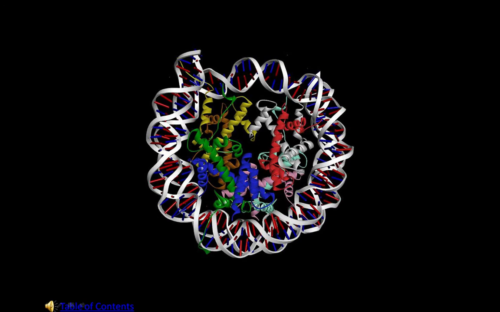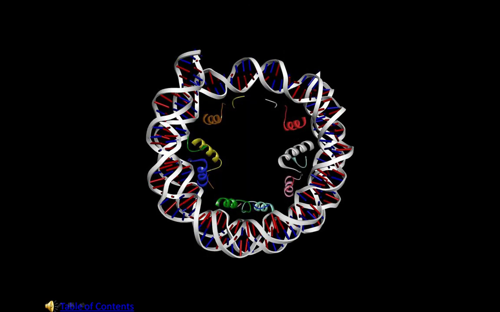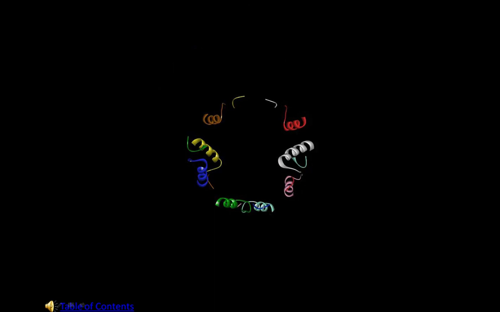The time has come to look at the atomic details of superhelical ramp DNA protein binding. We won't have time to look into it in too much detail, but just enough to illustrate the basic principles involved. As usual, we'll start with the complete nucleosome. We'll remove all the protein except the 4 DNA binding motifs.